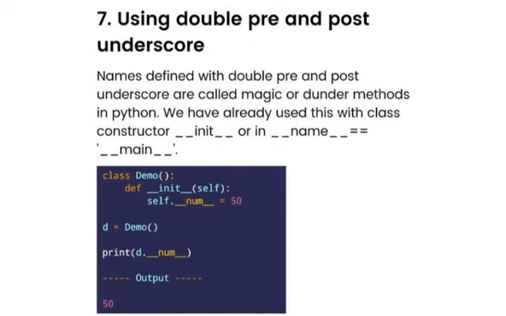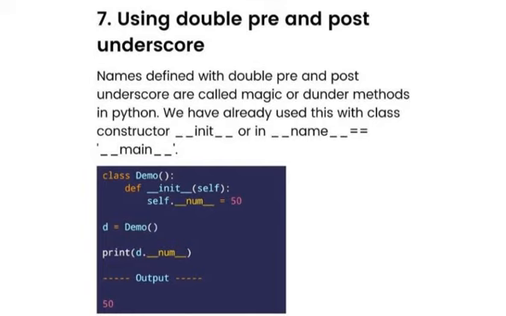So using double pre and post underscore. The names defined with double pre and post underscores are called magic or dunder methods in Python. We have already used this in constructors, init. You can use pre and post double underscore. Look at the class name.